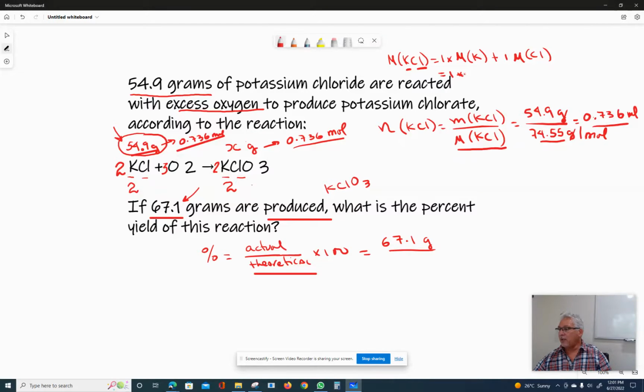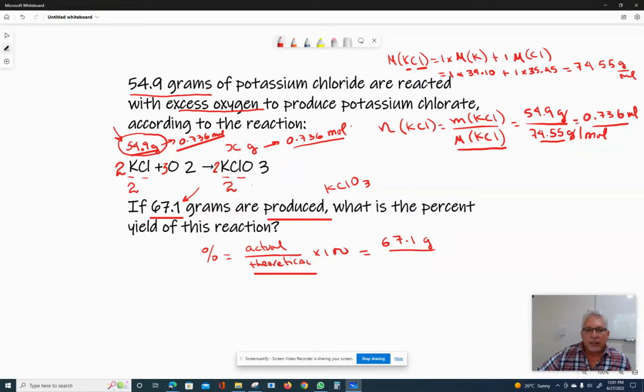One time molar mass of potassium in my periodic table here, 39.10, plus one time atomic mass of chlorine is 35.45. When you multiply and add all together, you will get the 74.55, and the units are gram per mole. This is just extra, okay? Because maybe you don't remember how to do that.